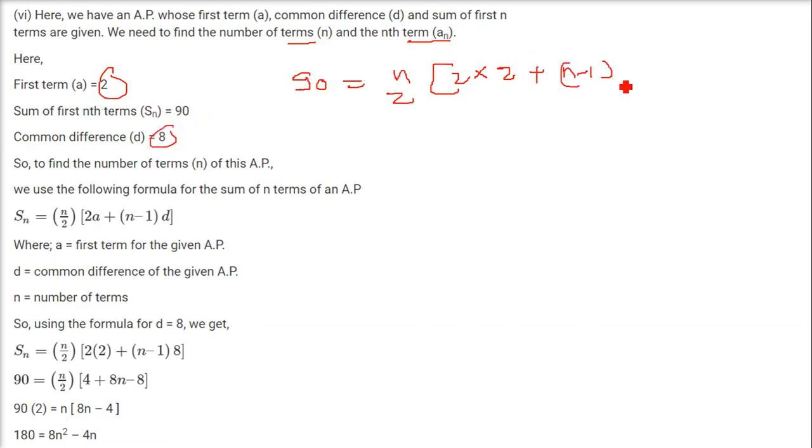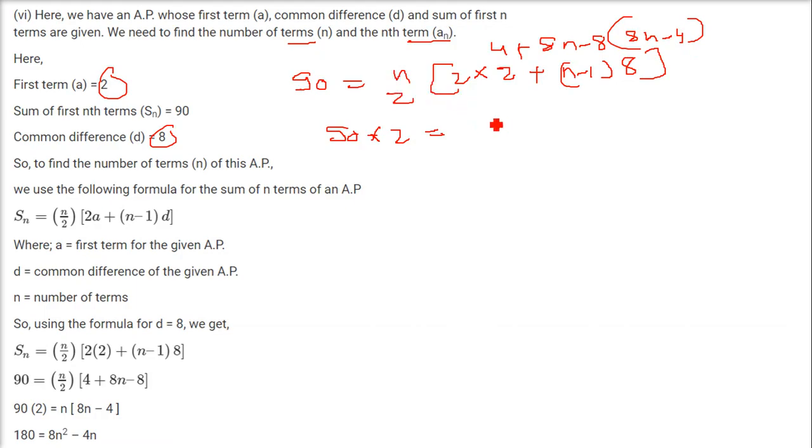Common difference is given as 8. So we'll get a quadratic equation here, right? So it will be 90 into 2 equal to n times 4 plus 8n minus 8. 4 minus 8 is minus 4, so you get 8n minus 4 here.